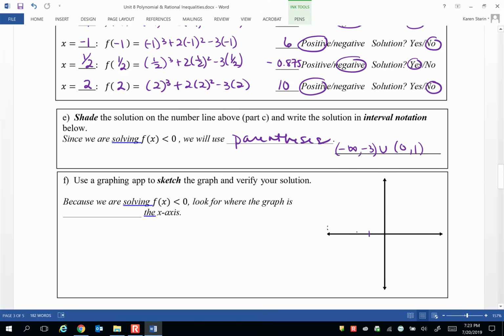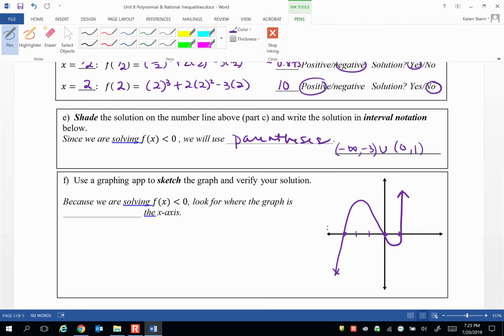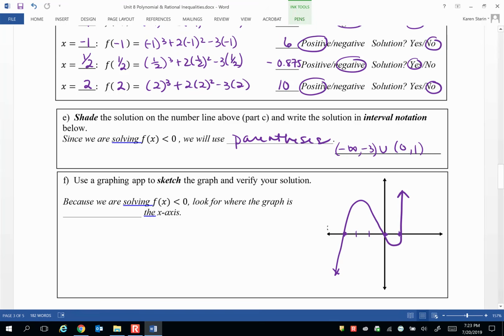So we have negative 3 and positive 1 and 0. I have all of those zeros, and the graph will look something like this. It went way up and then it just dipped a little bit down and it kept going on forever. Well, we are looking for the negative solutions here. So we have below the graph here and we have below the graph here.